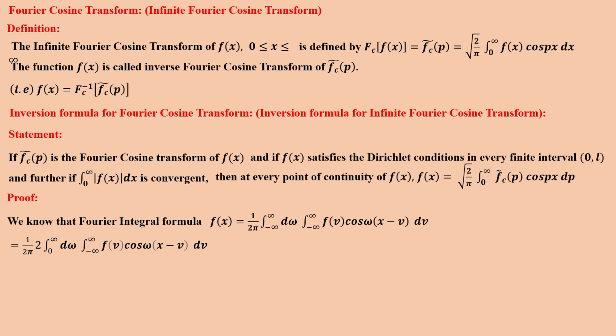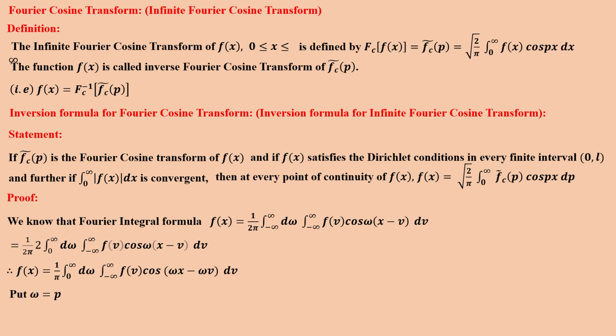When you replace omega by minus omega, there will be no change. That is why it is an even function. So into integral 0 to infinity f(v) cos(omega x minus omega v) dv. Therefore f(x) is equal to, 2 and 2 cancel, 1 by pi integral 0 to infinity d omega integral minus infinity to plus infinity f(v) cos(omega x minus omega v) dv.